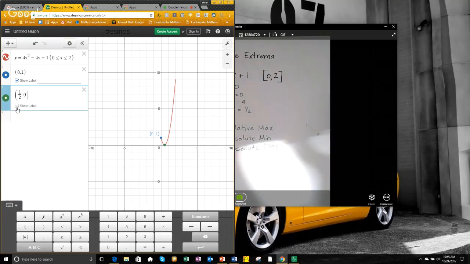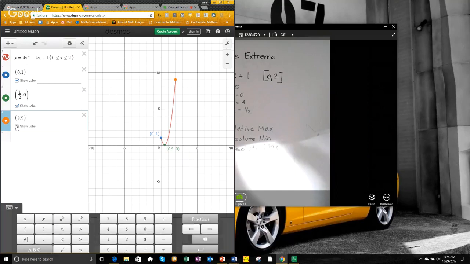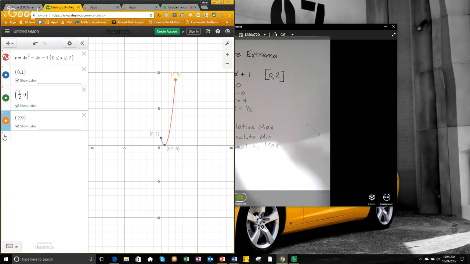Show the label. And then 2, comma 9, and show the label. And there you go. And it turns out that the vertex is in this interval, which is pretty cool.